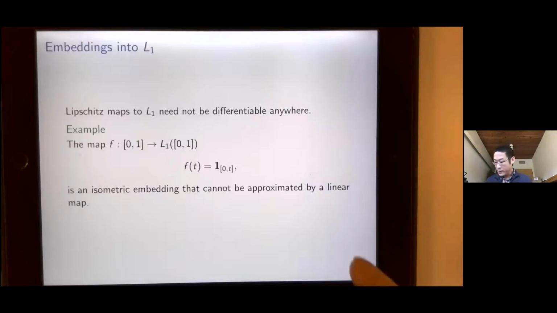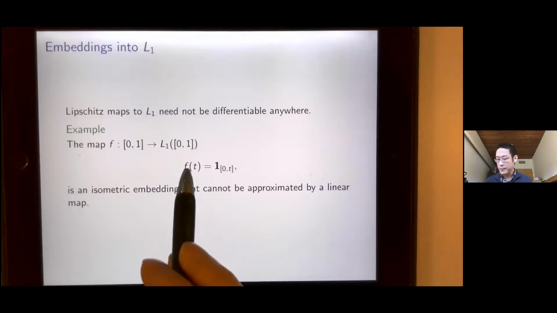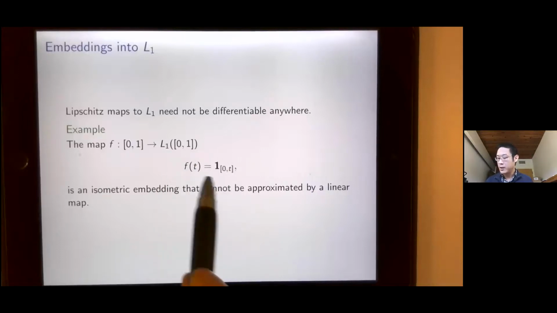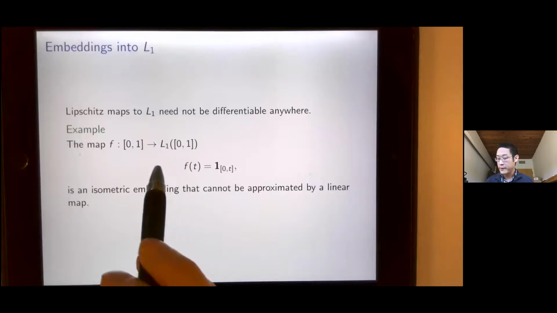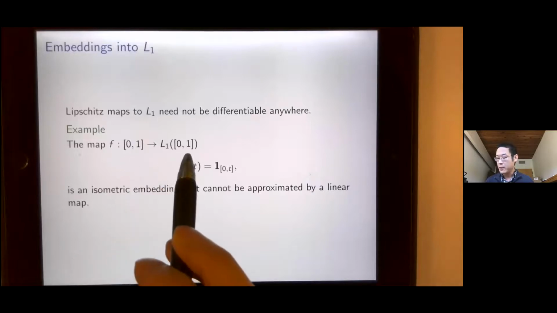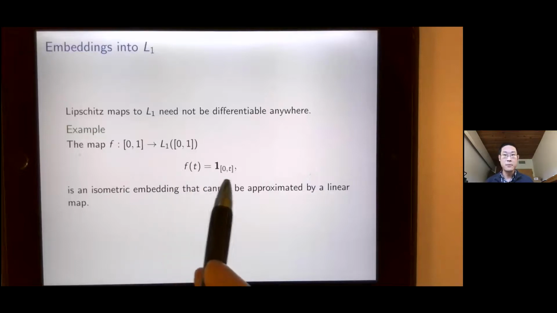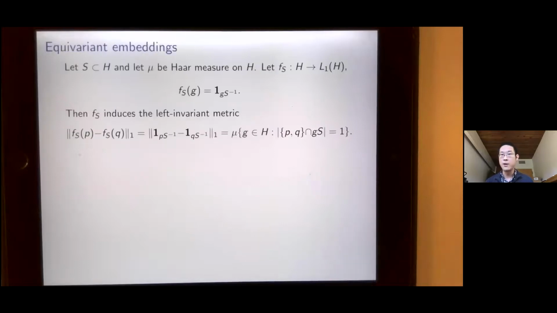So the way I'm going to do that is I'm going to construct maps that are inspired by this example. I'm going to construct maps from the Heisenberg group to the set of L^1 functions on the Heisenberg group that send every element of the Heisenberg group to a characteristic function, a 0,1 function. Specifically, I'm going to look at equivariant maps of the following form.